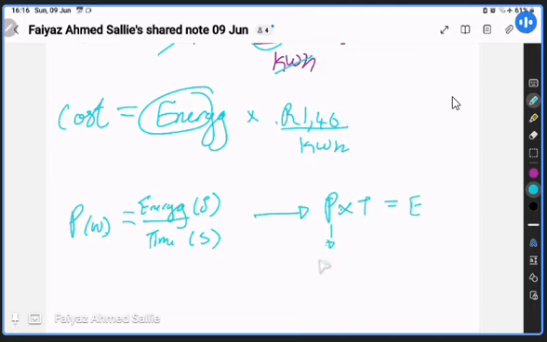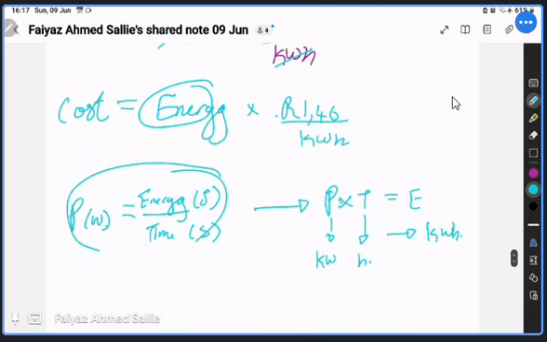So we want power to be in kilowatts and we want our time to be in hours. Therefore, we can get an energy of kilowatt hours. You guys understand how do we get the energy? That's how we get it. We manipulate this formula over here.